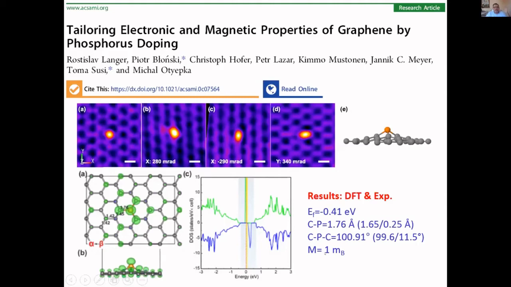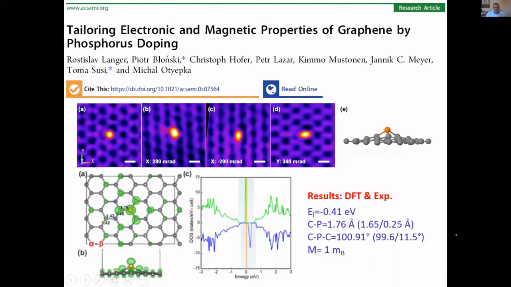So in summary, we have that in these two systems, hydrogen and phosphorus, hydrogen is an absorbent impurity and phosphorus is a substitutional impurity. The induced magnetism is 1 Bohr magneton, and also similar to hydrogen, the spin magnetic moment is spread around the impurity.